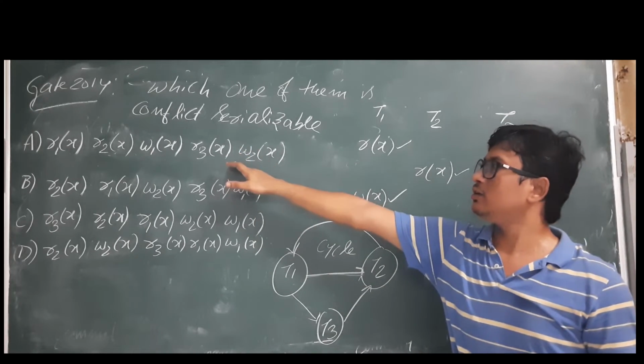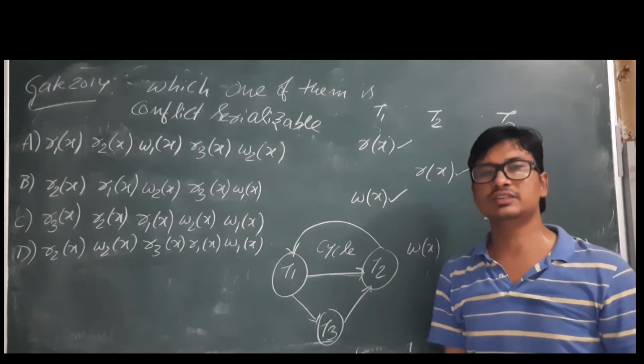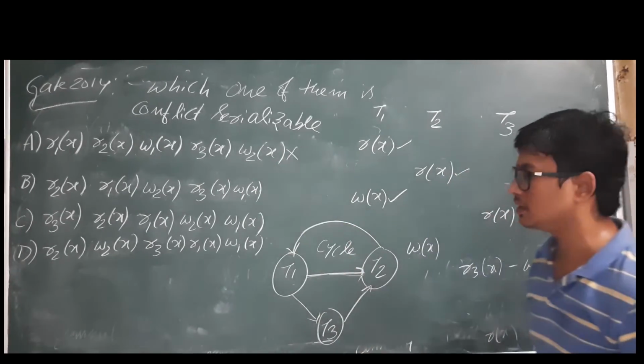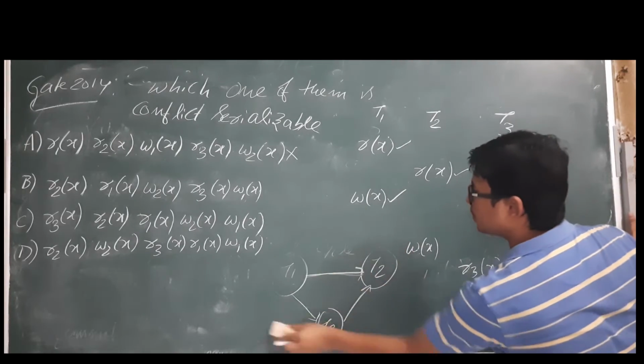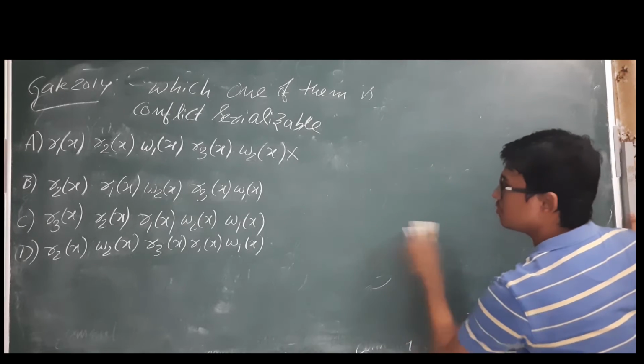So the given non-serial schedule is not conflict equivalent to any of its serial schedules. So option A is not a right answer. Now we will see option B, then option C, then option D.